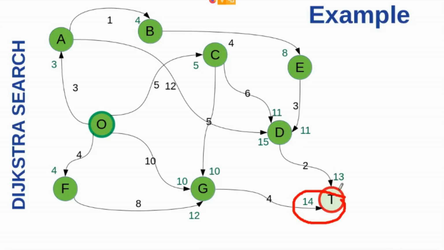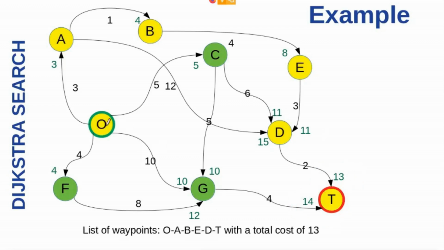But the new neighbor that is also T, but now the total cost is 13, right? So the final choice is O, A, B, E, D, and T, because the total cost is smaller than 14, right? So it's the minimum as possible.